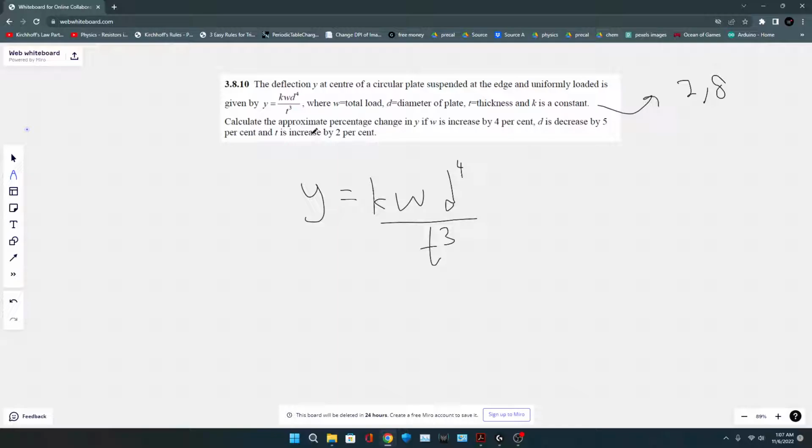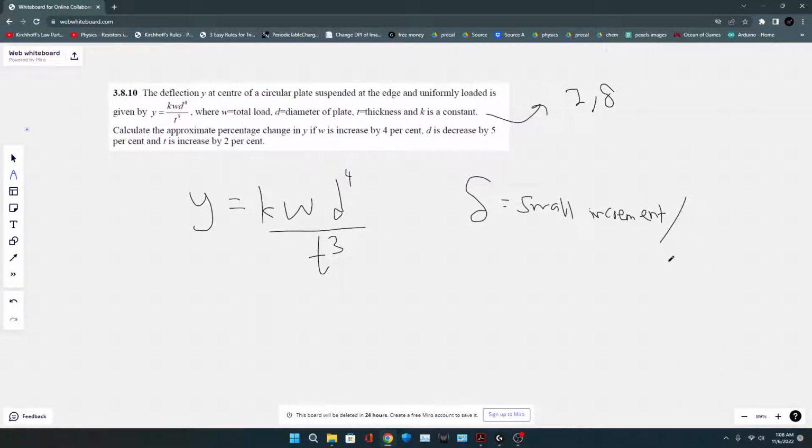Okay, sekarang let's take a look. Lepas tu dia cakap calculate the approximate percentage change in Y. So the approximate percentage, dia simbol macam cacing ni nama dia adalah small increment. Small increment ni maksudnya dia macam minute changes, small changes, perubahan yang sikit-sikit, perubahan yang sedikit.